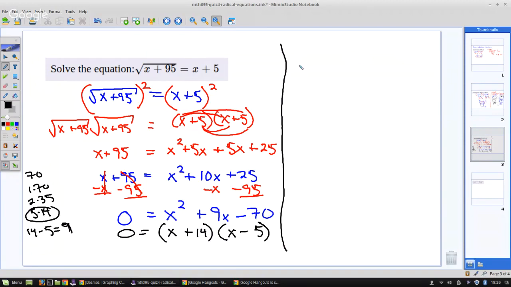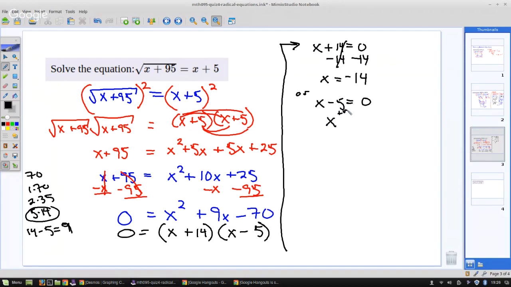Bring it up here. So x plus 14 could be 0. Subtract 14 from each side. And we get x equals negative 14 as one possible answer. Or x minus 5 equals 0.